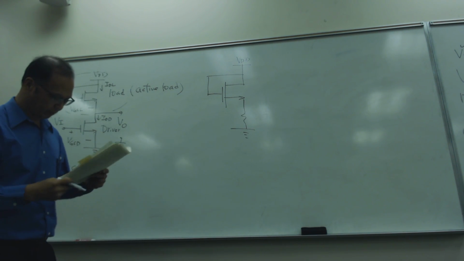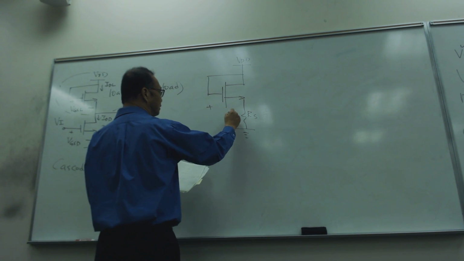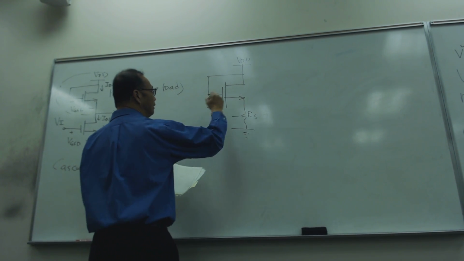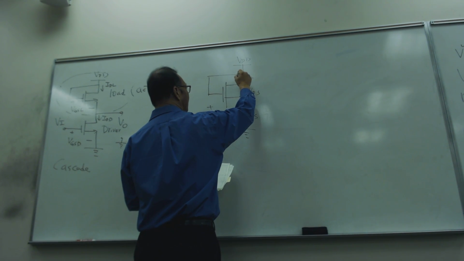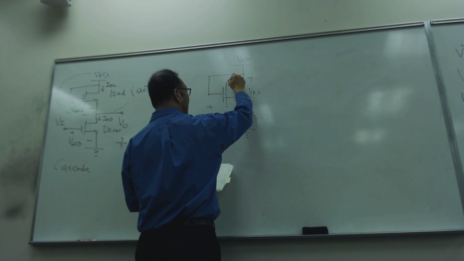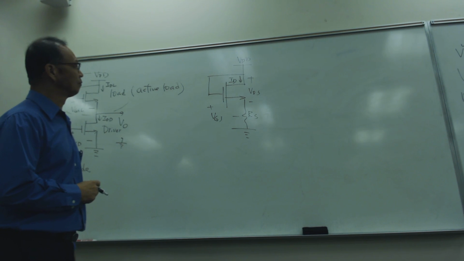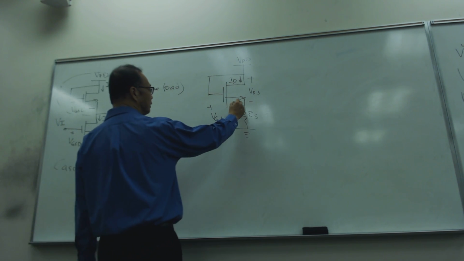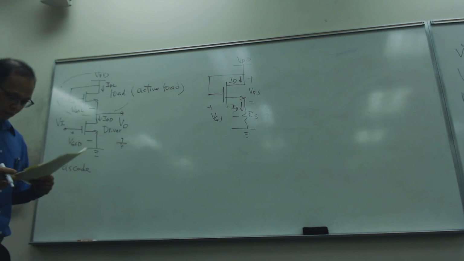All right. So this is a MOSFET. So this is VGS, and this is ID. Of course, that's also ID, right? All right.